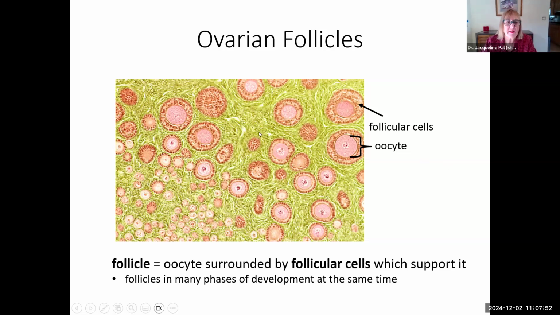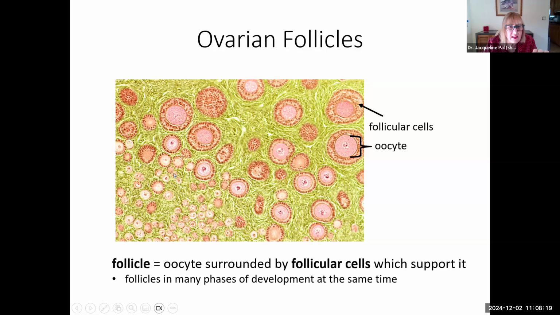Now, as you can see on this photo, we have follicles in many phases of development all at the same time. So we have some very tiny ones here where you can see that the oocyte is very tiny. And when we look at the follicular cells, there might be one layer of very flat cells right here.